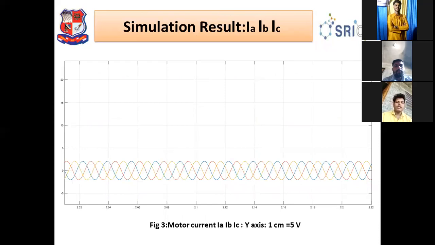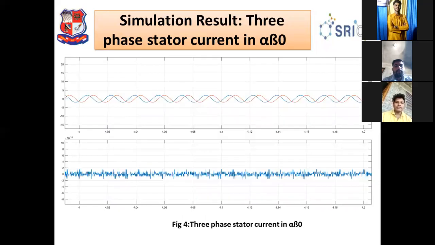This is the IA, IB, and IC current, the three-phase current. This is the alpha beta 0 current, the stator current. Thank you.